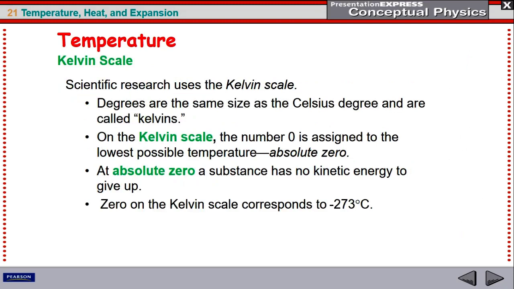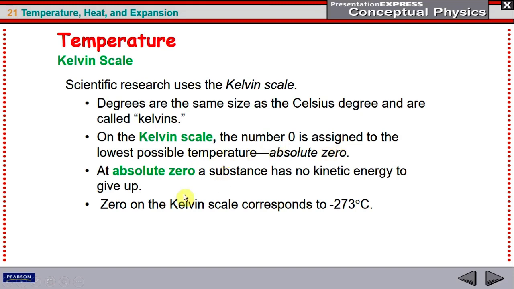The third scale, which is preferred by science, is called the Kelvin scale. Now, in the Kelvin scale, degrees have the same size as in the Celsius scale, and we call them kelvins. On the Kelvin scale, the number 0 is assigned as the lowest possible temperature, called absolute zero.